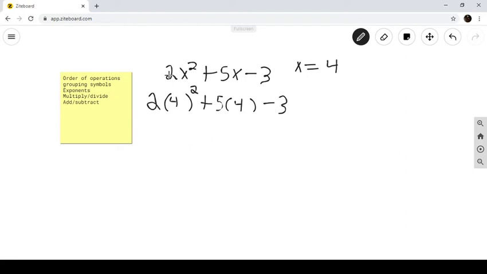So for instance, 2 times x squared, we still have 2 times x, which is 4, squared. All right, so let's go ahead and figure out what this one is. So 4 squared, that's going to give us 16. That's the only exponent I see, so I'll drop everything else down.